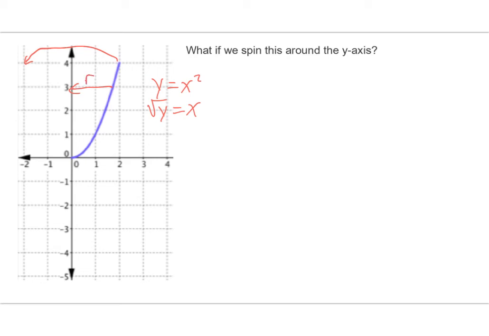So that's going to be my radius going this way. And we're going from 0 to 4. So in terms of my y stuff, 0 to 4, square root of y dy, and I totally screwed that up because that should be pi that squared, and that's it.